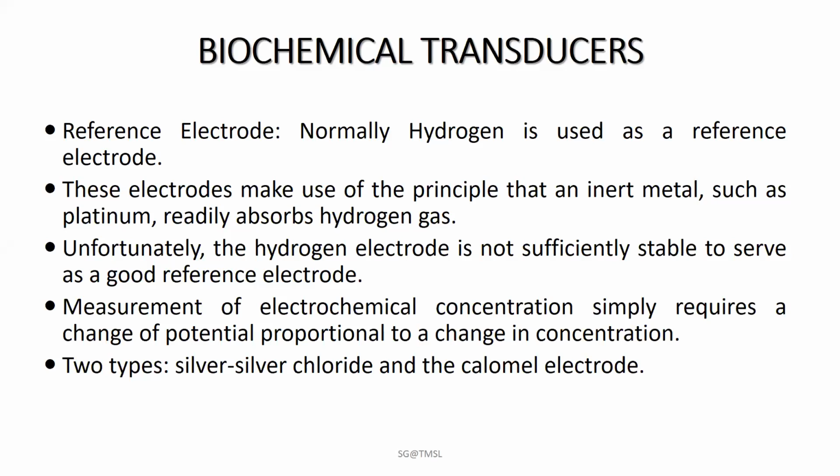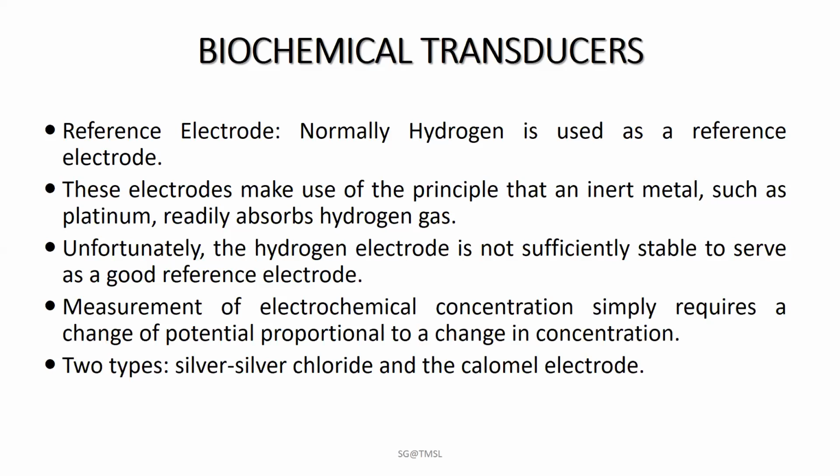This type of electrode can be built and is available commercially. These electrodes make use of the principle that an inert metal such as platinum readily absorbs hydrogen gas. If a properly treated piece of platinum is partially immersed in a solution containing hydrogen ions and is also exposed to hydrogen gas passed through the electrode, an electrode potential is formed, and the electrode lead is attached to the platinum.